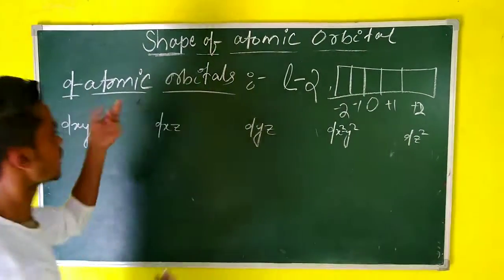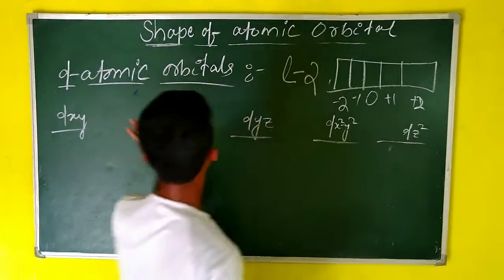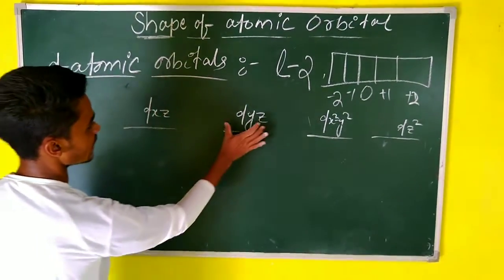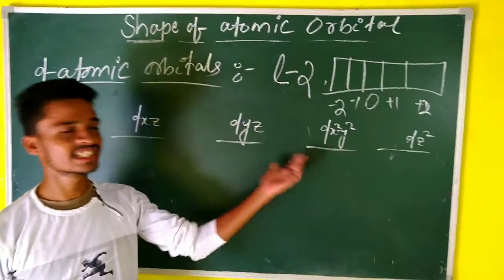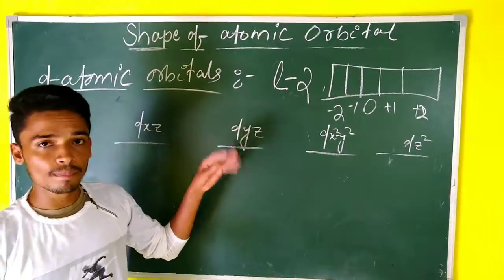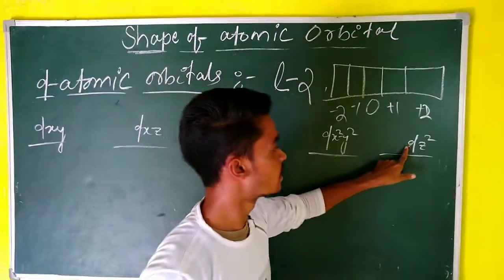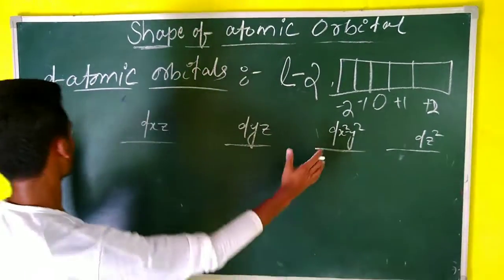These are the orbital names of the D subshell. So the shapes of 4 orbitals, dxy, dxz, dyz and dx square minus y square, are the same. Meaning double dumbbell shapes are present, but in the case of dz square, the shape is different from these 4.